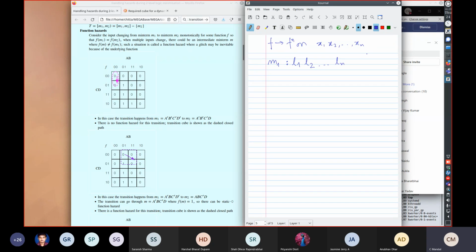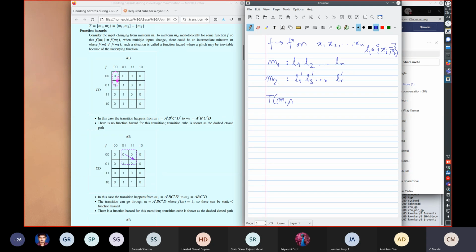So Li here is in xi or xi bar. So it is either xi or xi bar. Okay, so that is what Li is, and M2 is, let us say, L1 bar, L2 bar, ..., Ln bar.